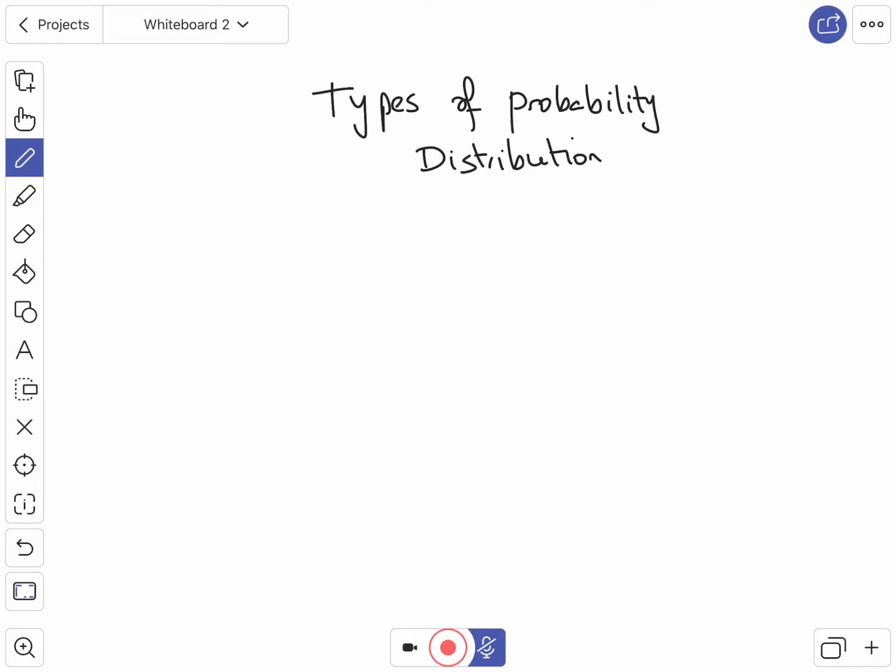So in your readings of topic 1, you have basically 4 types of probability distribution.